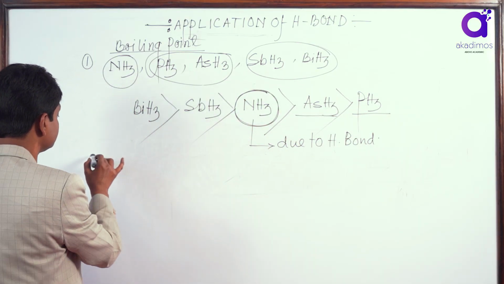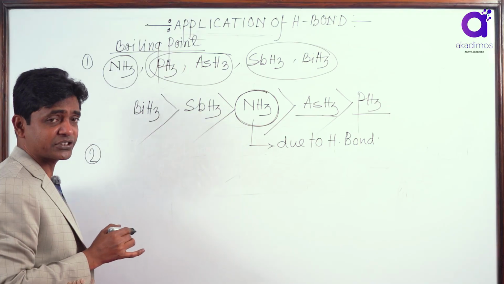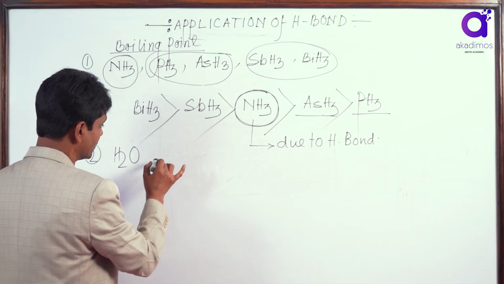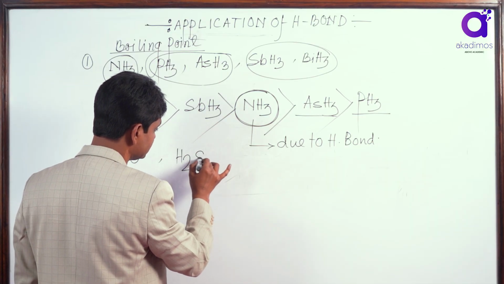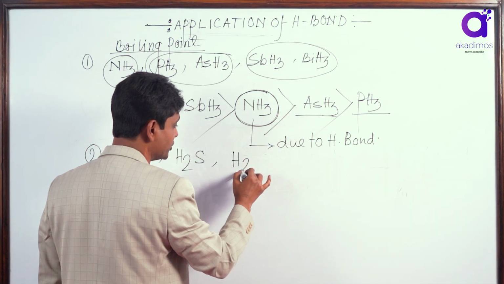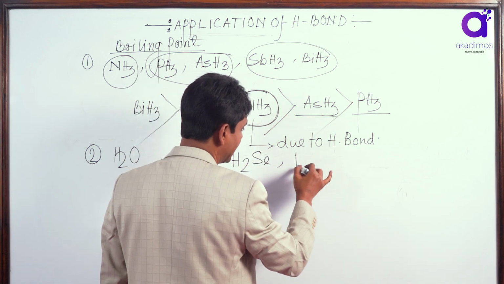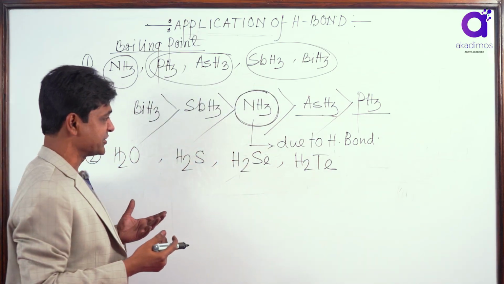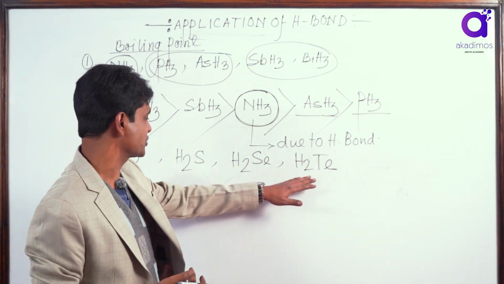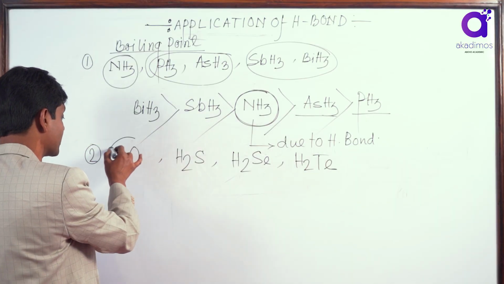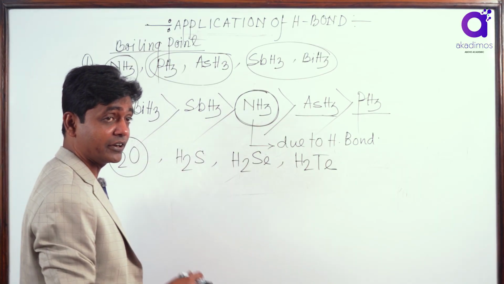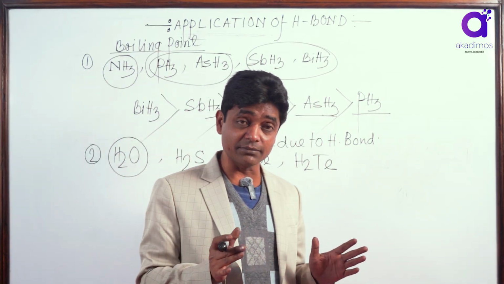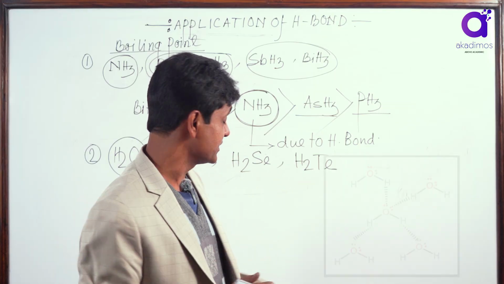Now, next example, group 16 hydrides: H2O, H2S, H2Se, H2Te, tellurium hydride. If I take size or van der Waals attraction, this is highest. But remember, here we get effective hydrogen bond: one water molecule can make maximum 4 hydrogen bonds.